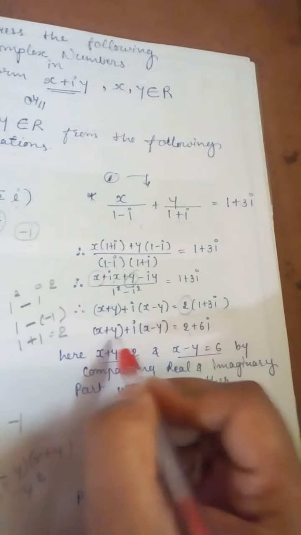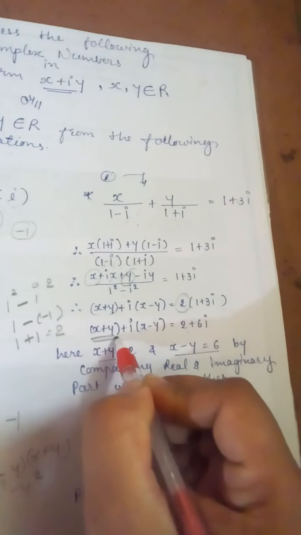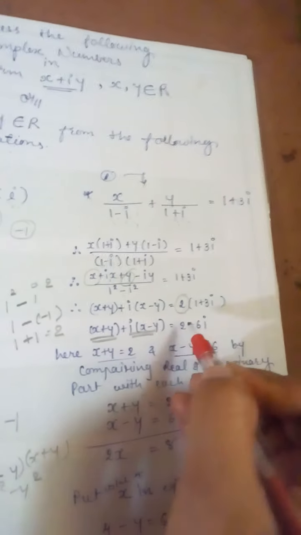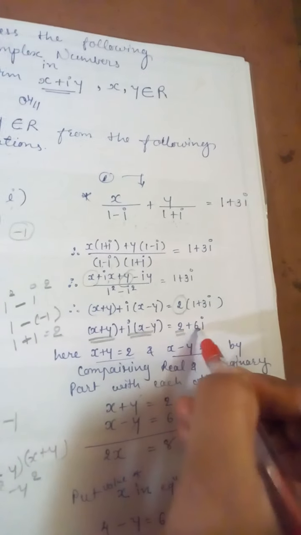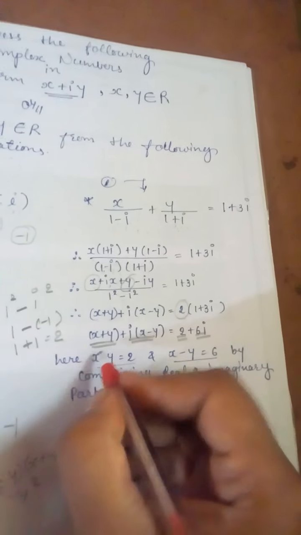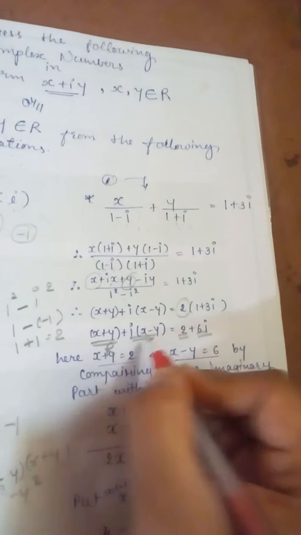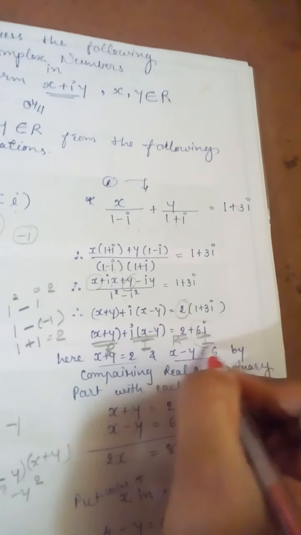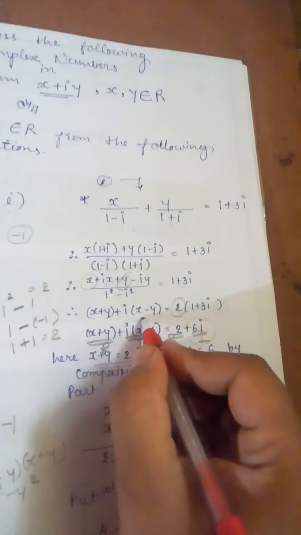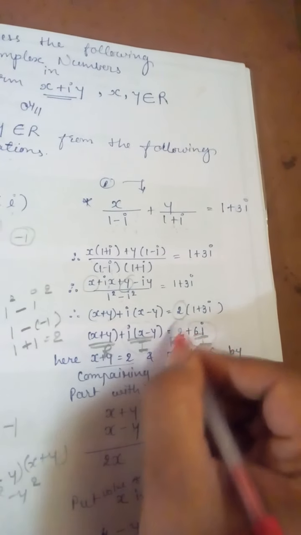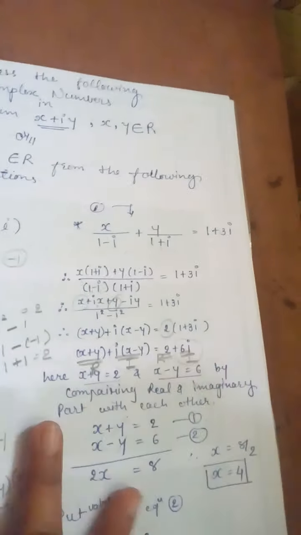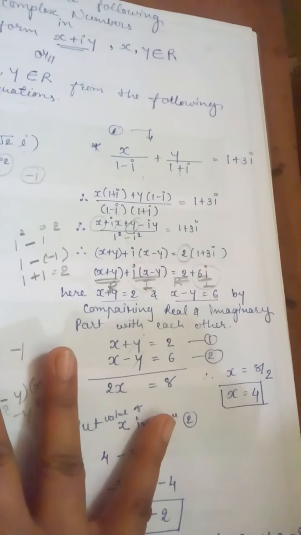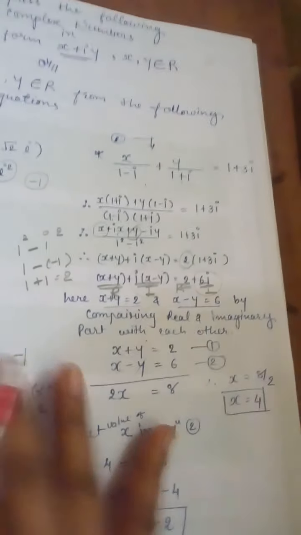Now, this is a real term and this is an imaginary term. Same way here, this is a real term and this is an imaginary term. Real part compares with the real part and imaginary part with the imaginary part, so you can equate them.